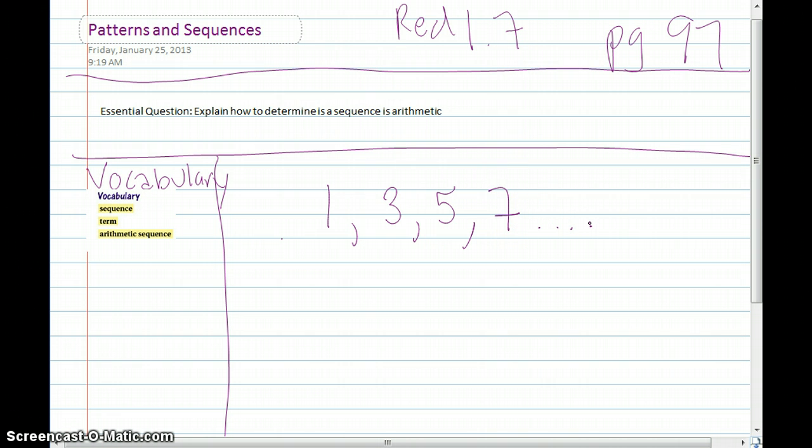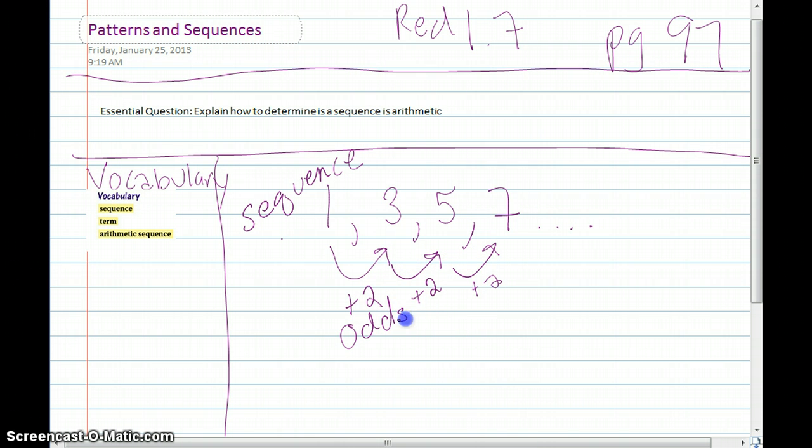And you could tell me that this is a sequence of odd numbers, and that we are jumping by 2 every time. They're also known as odds. And you can also tell me that each one of these numbers is called a term.